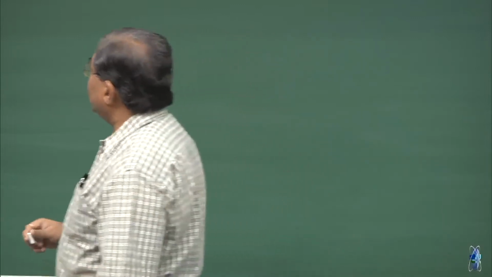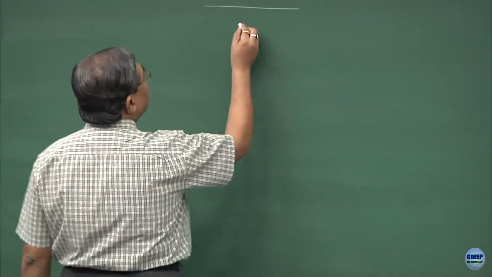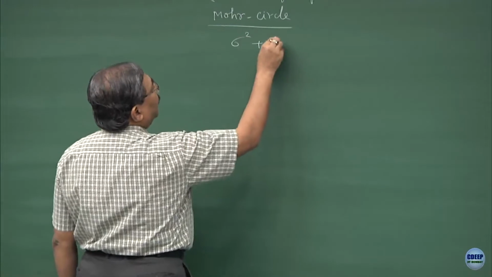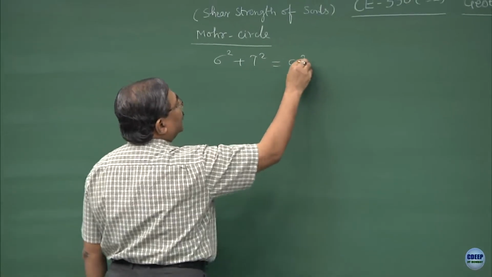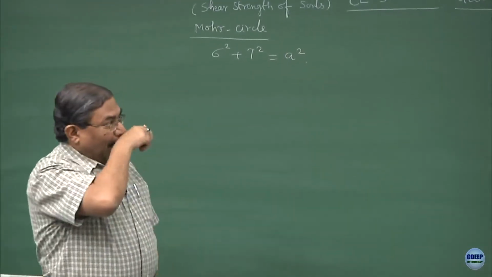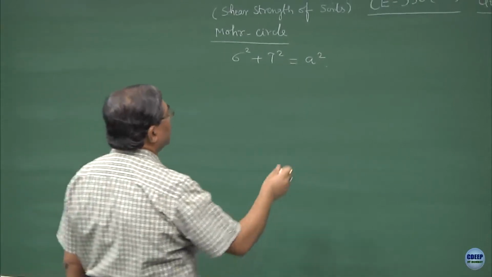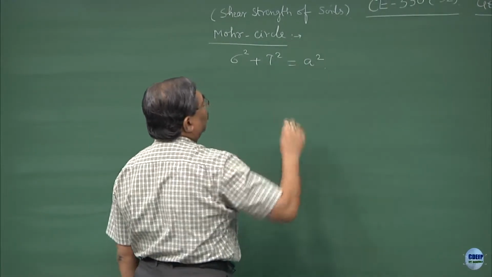And in the process I had derived a relationship between sigma square and tau square as a square, and this is the equation of the circle, which is known as Mohr circle.